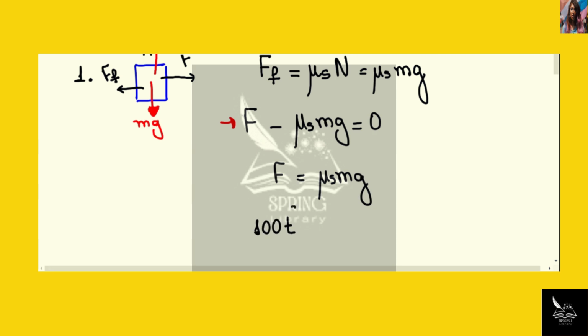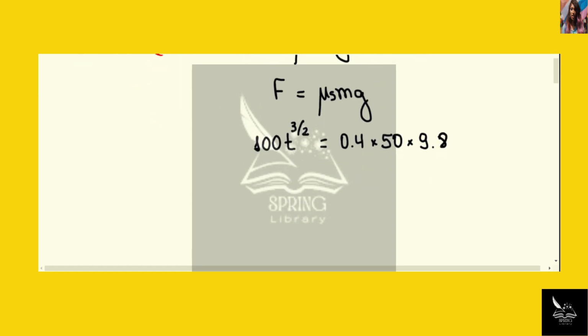So we have 100 times t to the 3 halves is equal to mu s, which is equal to 0.4, times the mass times 9.8.